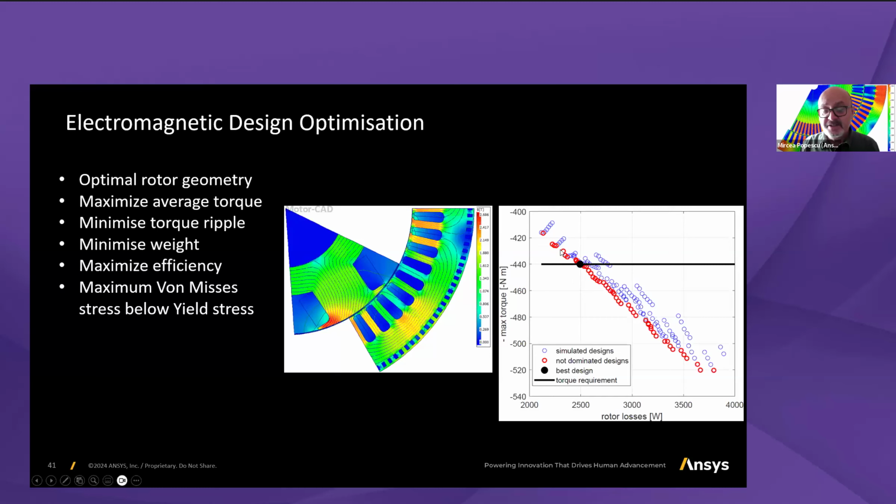And through optimization, we verified what solution can be achieved. You get a sort of Pareto frontier here where you can identify the optimum solution. In this case, we were interested in getting the maximum torque at 40 Newton meters. Obviously, beside maximizing the torque, we had to try to maximize the efficiency, and the von Mises stress in the rotor lamination should be below the yield stress from the mechanical point of view.